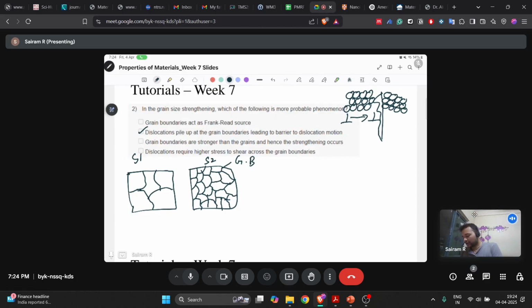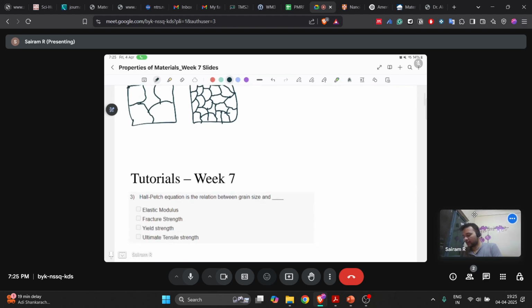So this overall cumulative effect of dislocation pileup across all of my smaller grains and my higher grain boundary area is what is going to effectively increase the strength of smaller grain sizes, right?